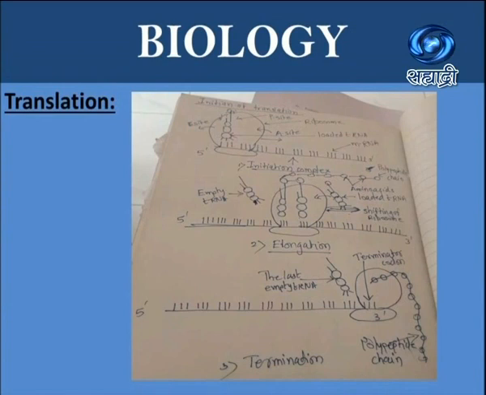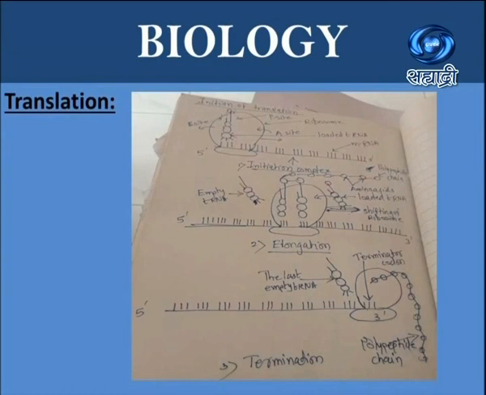A ribosome has one binding site for mRNA and three binding sites for tRNA. They are the P site, that is the peptidyl tRNA site, the A site, that is the aminoacyl tRNA site, and the E site, that is the exit site. Only the first tRNA amino acid complex directly enters the P site of the ribosome.